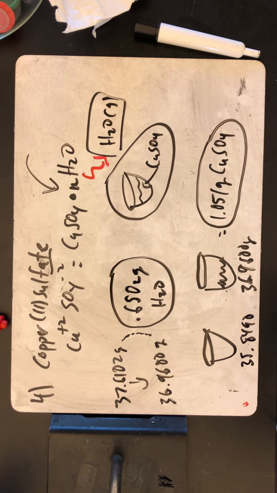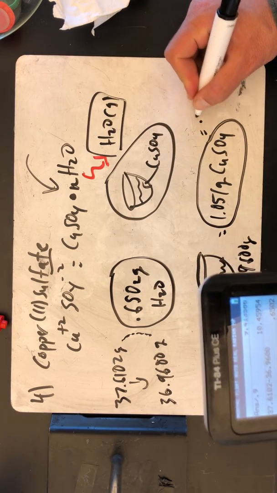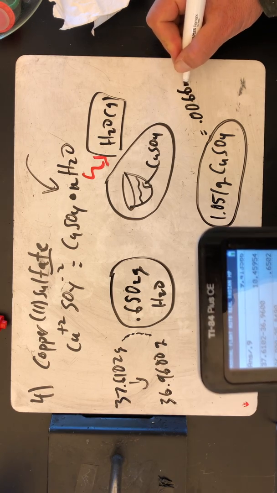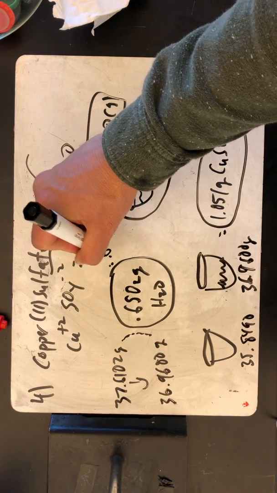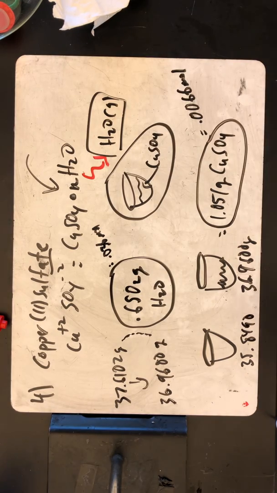So I have 1.051 divided by 159.6, and that equals 0.0066 moles. And then I got my 0.650 divided by 18. That's 0.036 moles.